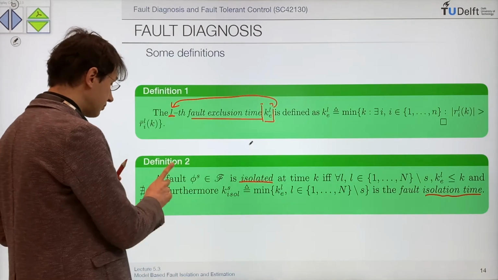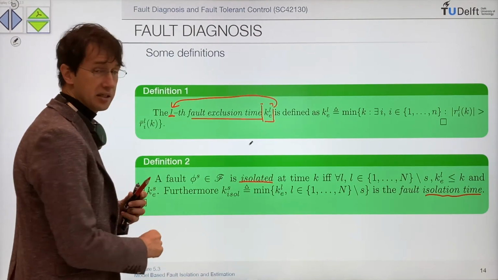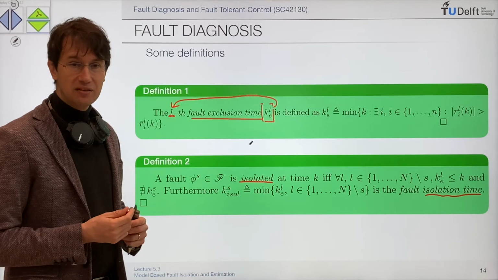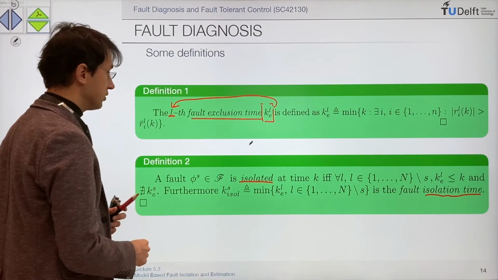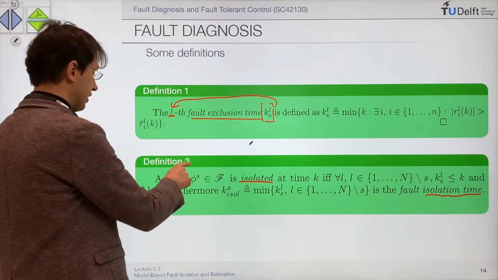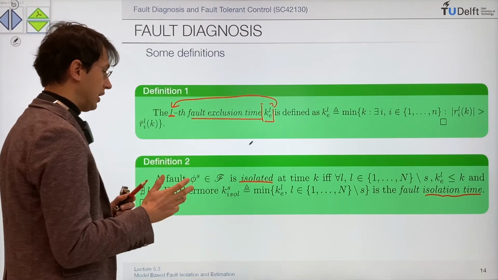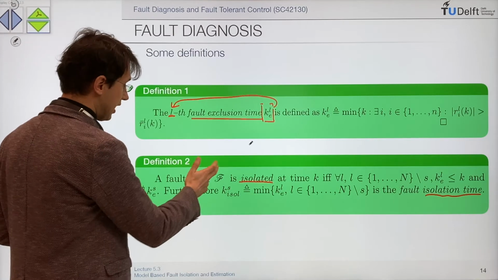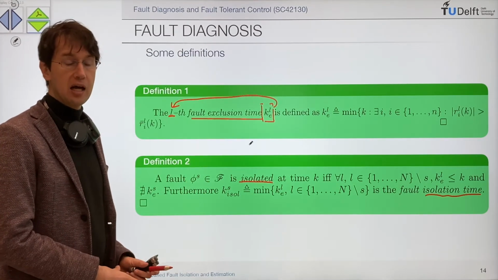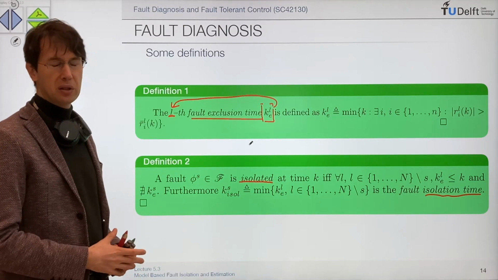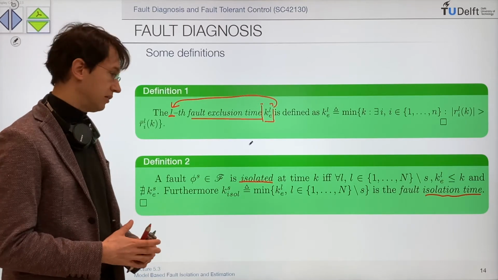And furthermore, we didn't exclude that fault yet. So we don't have yet an exclusion time for the fault number S. At this moment, then we say we isolate that. So we are just writing down formally what we said before. We isolate a fault when we exclude all the hypotheses but that one.